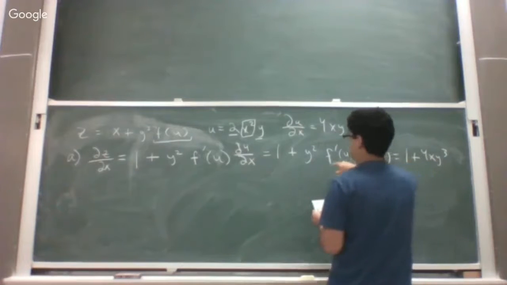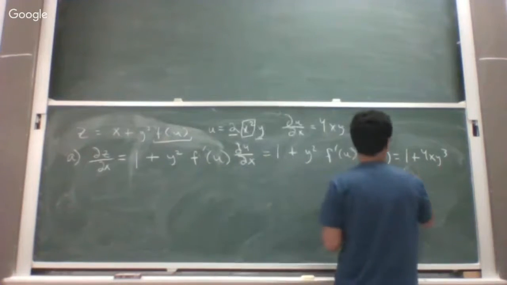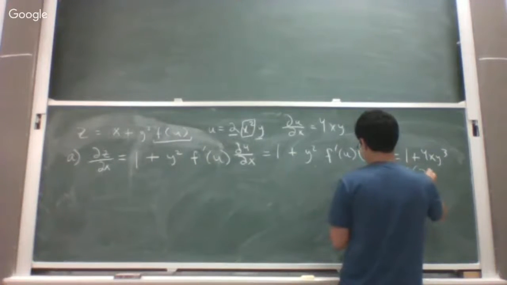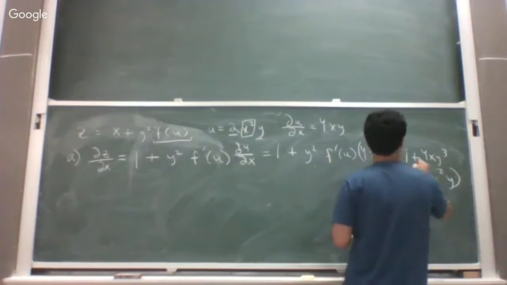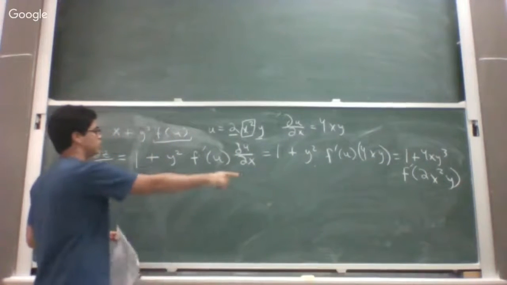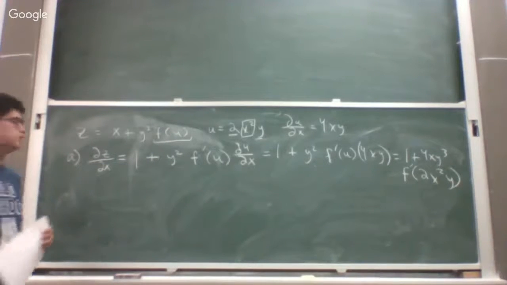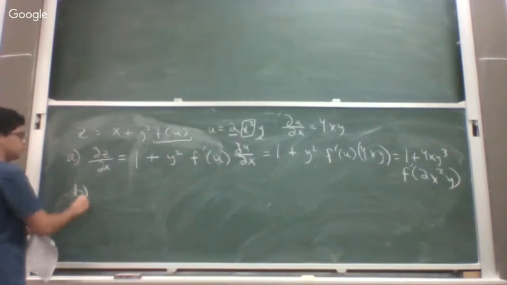And you can write out f of 2x squared y, or f prime of 2x squared y, because that is u. But you don't need to. You can just write out f of u there. Any questions on that?